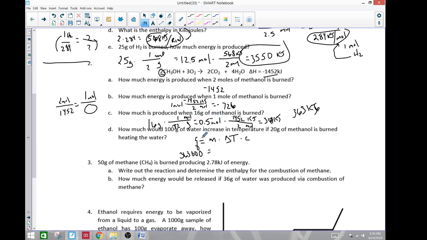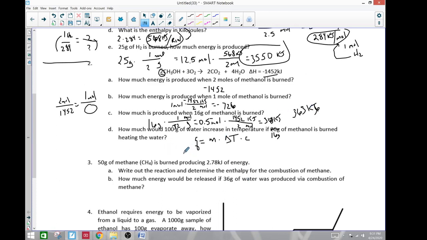So let's back this up a second here. I can't use that 363 because I'm going to have this at 20 grams, versus 16 here. In fact, let's just change this to 16. All right, yours will be changed. We'll change it to 16 grams. All right, that way we can just use the same energy.